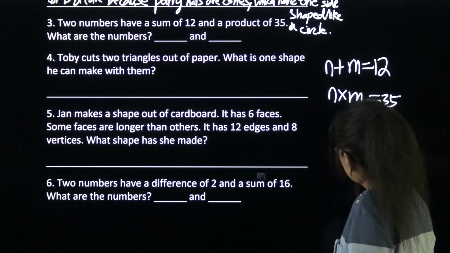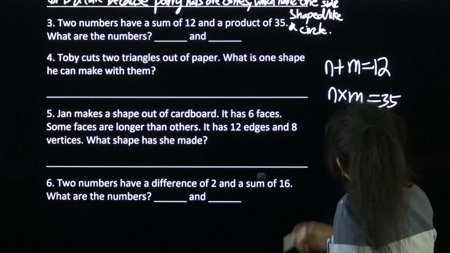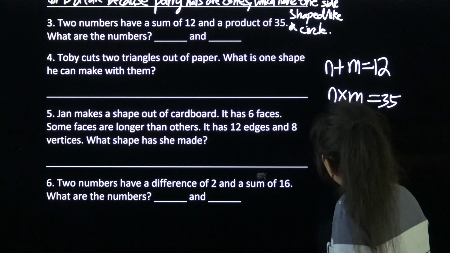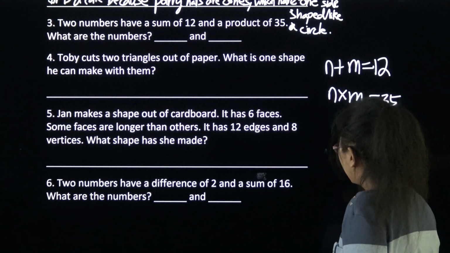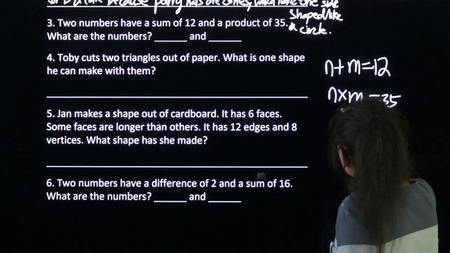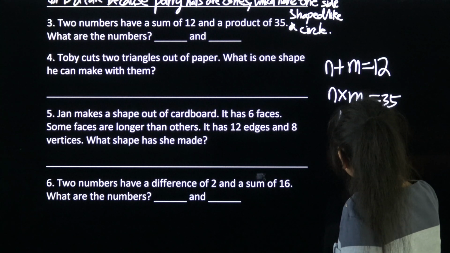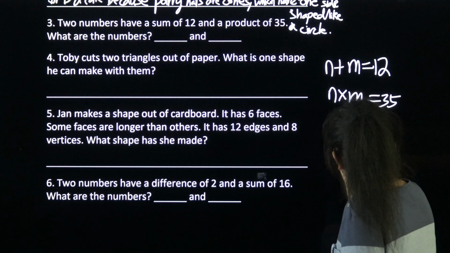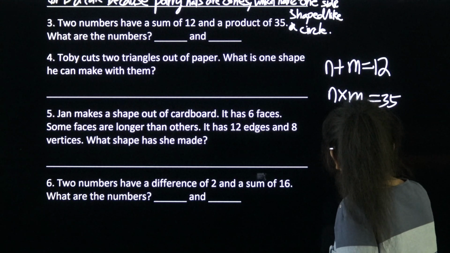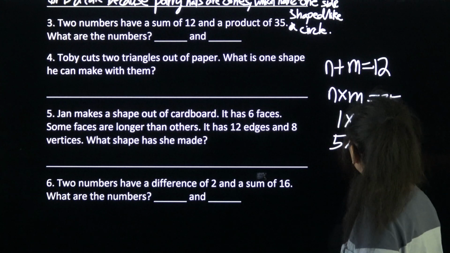Now, you see, many things can equal 12, but not many things can multiply to 35. If you know your times tables, you would know that 1 times 35 equals 35, or 1 times anything equals the thing. And 5 times 7 equals 35.